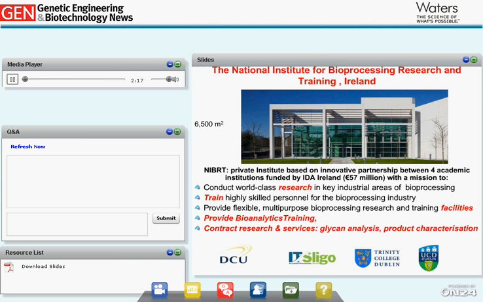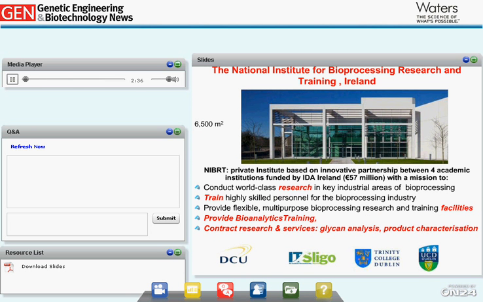So just to fill you in as to who we are, NIBRT is a private institute which is based on an innovative partnership originally between 4 academic institutions, and it was funded by Ireland to the tune of 57 million euros.